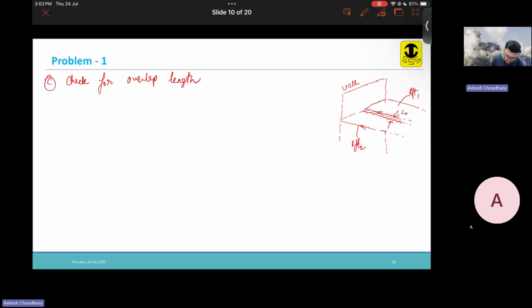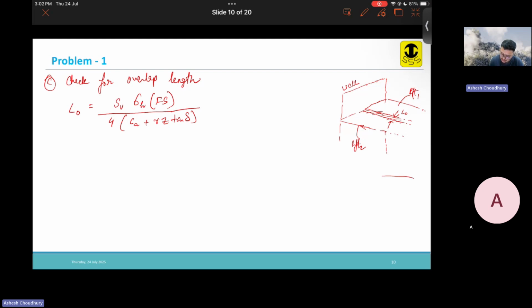So what is LO? Now you are seeing, instead of using two, you are using four because you have four surfaces in contact.